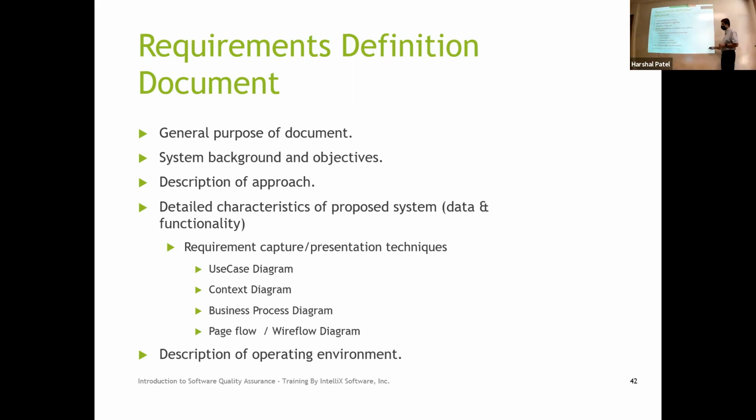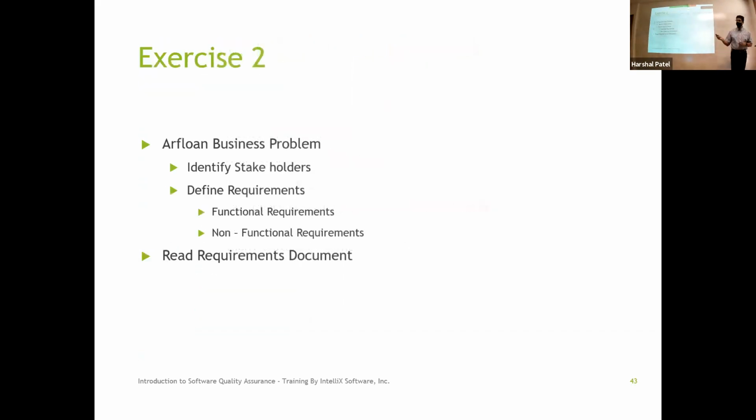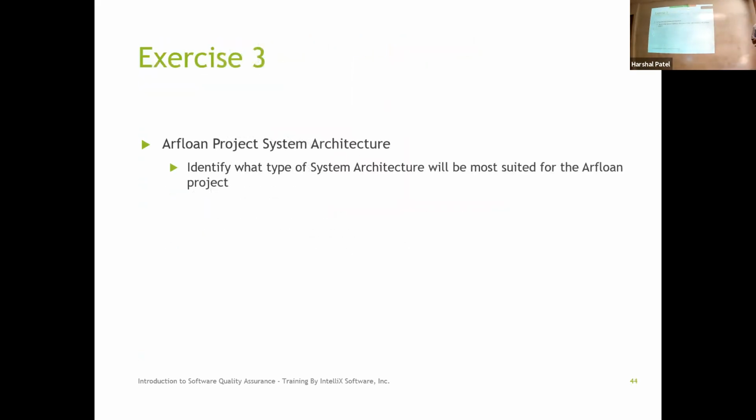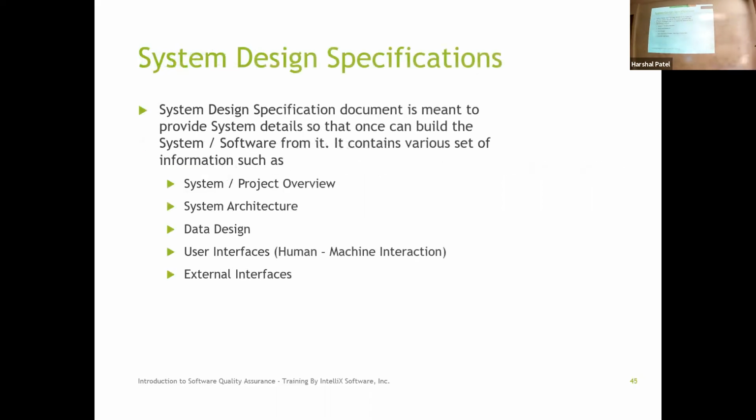We also talked about the architecture, because when we looked through the design document, we discussed the architecture we are going to implement for this system: what the system architecture looks like, the data tables, and the user interfaces and external interfaces.